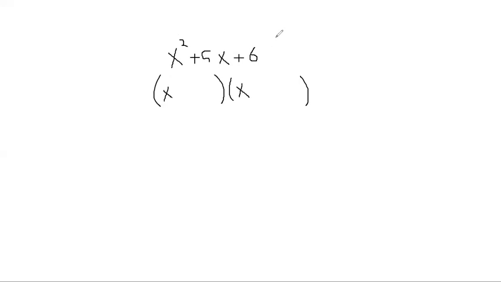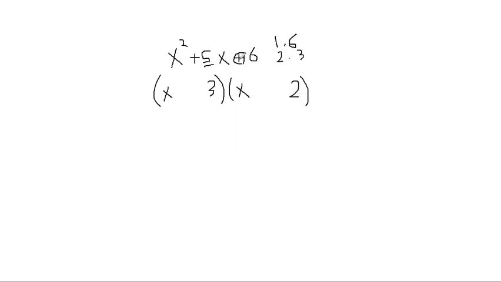And this 6 may be 1 by 6 or 2 by 3. So we will choose the two numbers that their sum, because we have plus here, is 5. The two numbers, their sum is 5. So we're going to write 2 and 3 or 3 and 2. So one of them here, we'll put 3, and the other one here, which is 2.